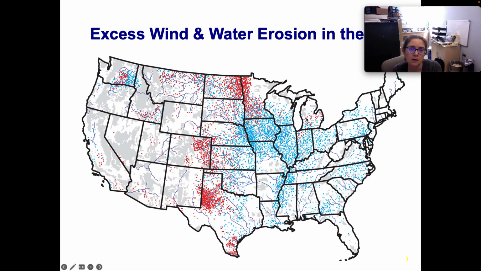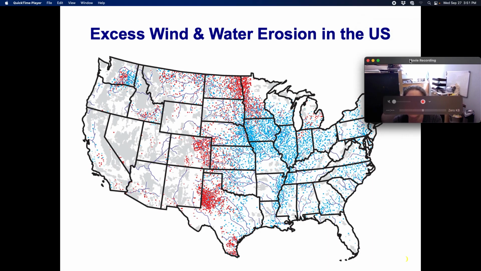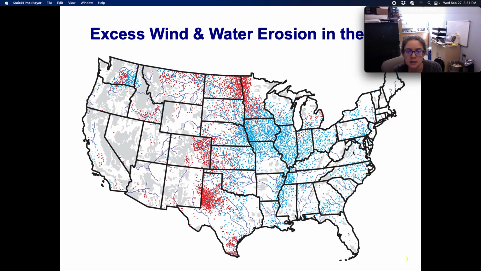So let's think about erosion in the United States. This shows where wind and water erosion are occurring in the U.S. And so you can see that there's different patches that have more wind erosion and different patches that have more water erosion. So wind erosion is more prevalent in some areas in Texas, eastern Colorado, Nebraska.